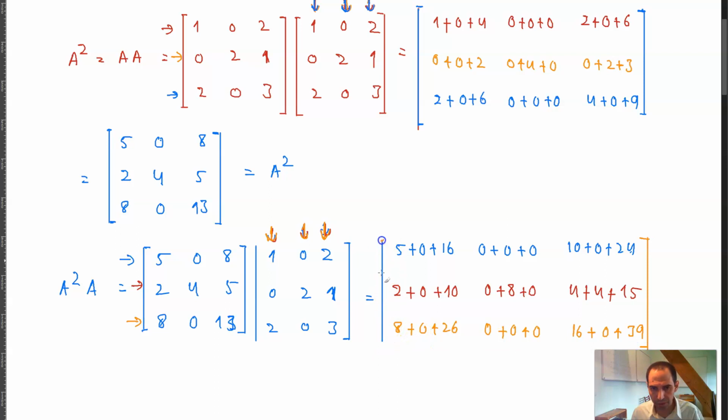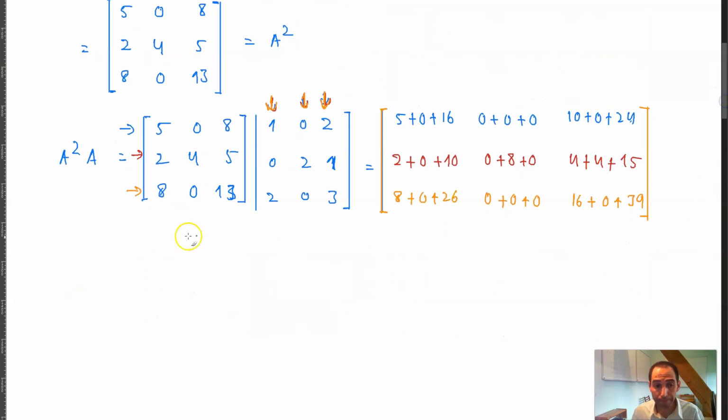And let's add this together and see what we get. So that's equal to basically 5 plus 16 is equal to 21. That's 0. 10 plus 24 is equal to 34. 2 plus 10 is equal to 12. That's an 8. That's 8 plus 15 is equal to 23. 8 plus 26 is equal to 34.